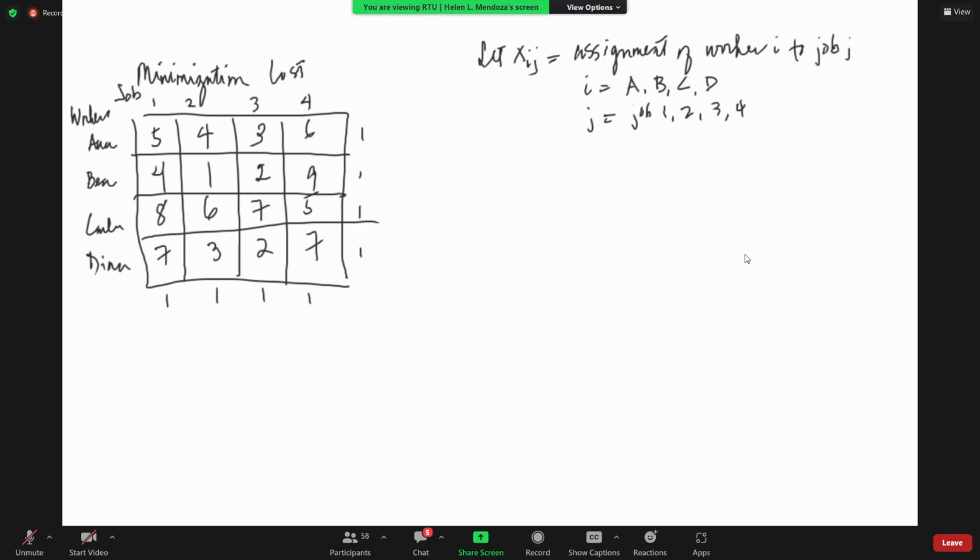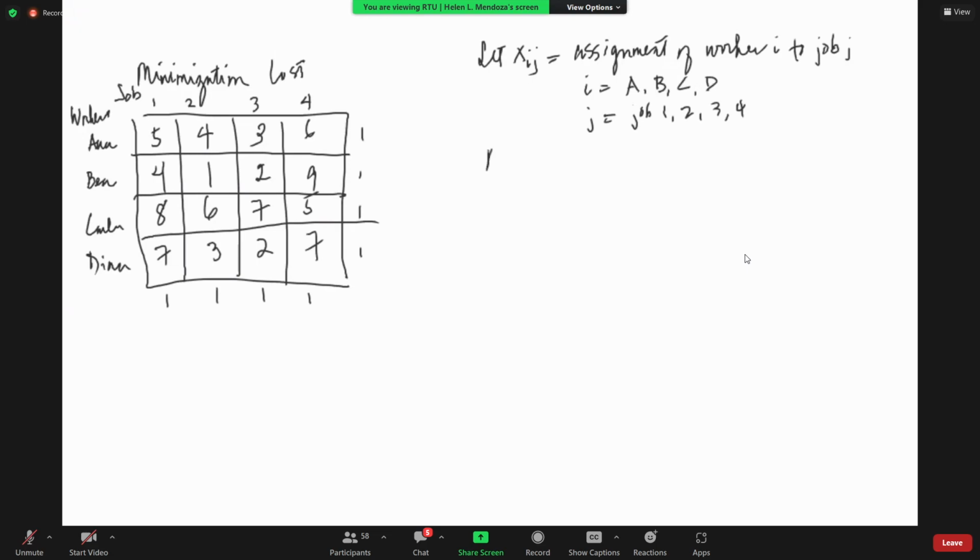Again, so we would be letting Xij be equivalent to assignment of worker i to job j. i is Anna, Bea, Carla, and Dina. Jobs, we have jobs 1, 2, 3, 4.